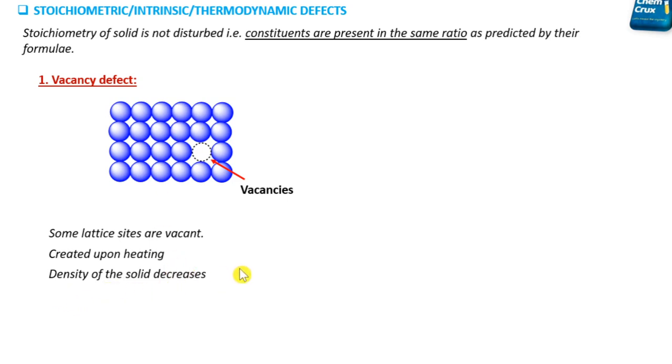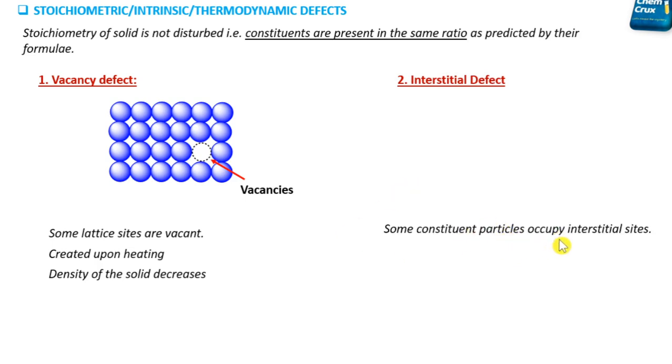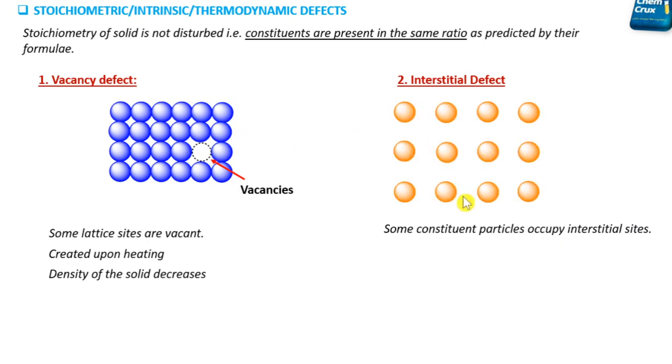The next type of stoichiometric defect is interstitial defect. In interstitial defect, some constituent particles will occupy interstitial sites. Again, this is a perfect crystalline solid, right? And these are interstitial sites or voids, correct? Now if some constituent particles or atoms are present in the interstitial sites, it will give rise to interstitial defect.